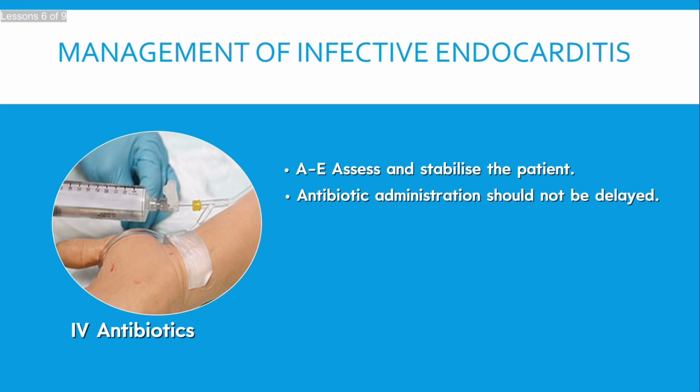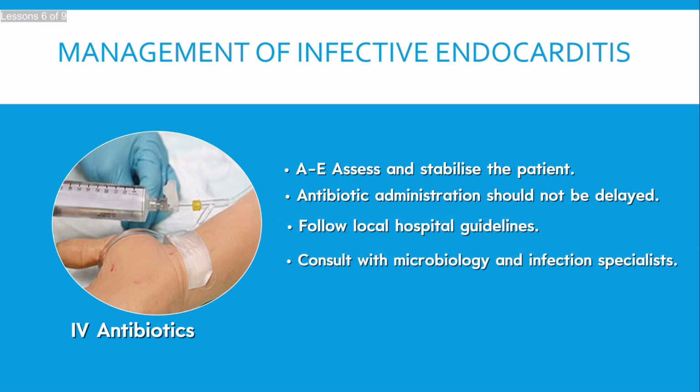When selecting the most appropriate empirical antibiotic regime, it is important to follow local guidelines and consult with specialists in infectious disease or microbiology, as recommended treatments can vary between regions.